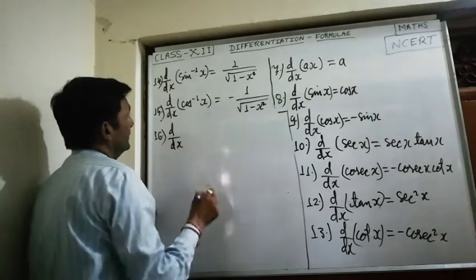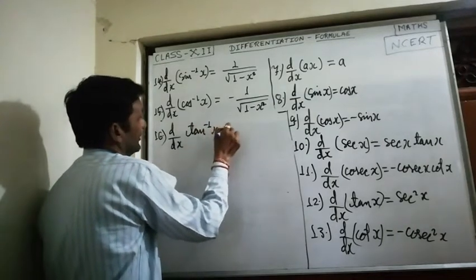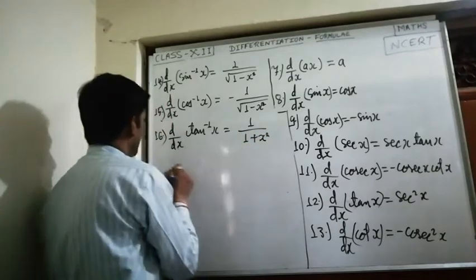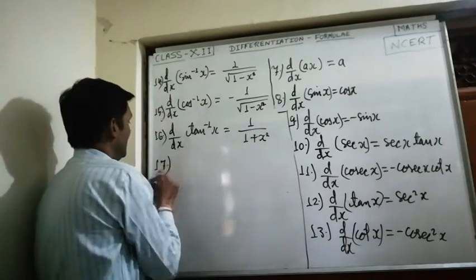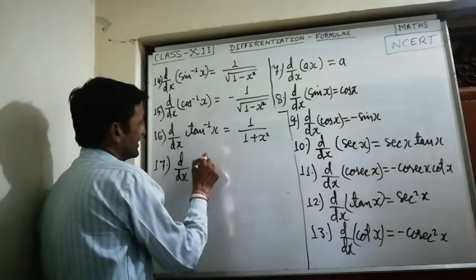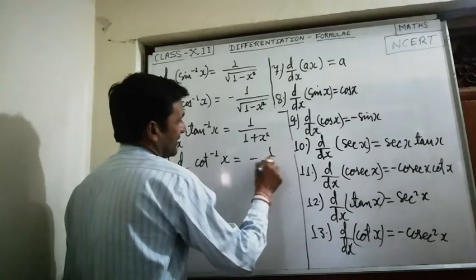Differentiation of tan inverse x, that is 1 upon 1 plus x square. Differentiation d by dx of cot inverse x, that will be minus 1 upon 1 plus x square.